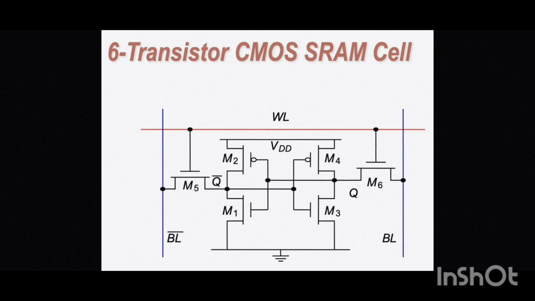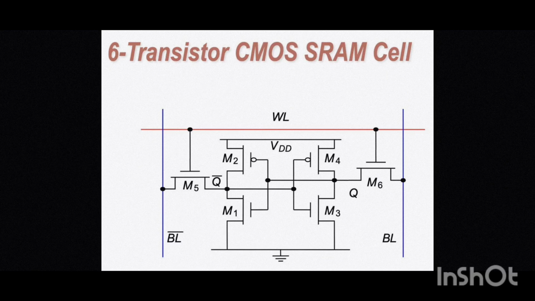The remaining two NMOS access transistors act as switches. They connect the storage nodes of the cell to the bit lines only when the word line is activated. During a read operation, they allow the stored value to be sensed by the bit lines.